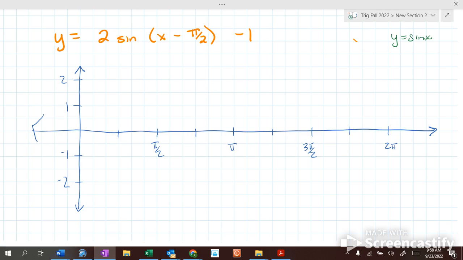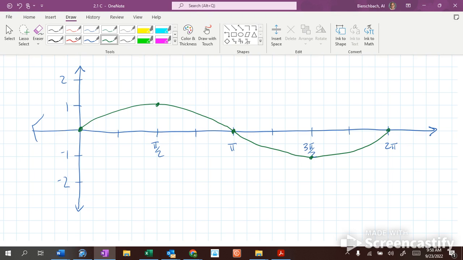What we're going to do is graph out y equals sine of x first, which is 0, 0, pi over 2, 1, pi, 0, 3 pi over 2, negative 1, 2 pi, 0. Then I always work left to right.